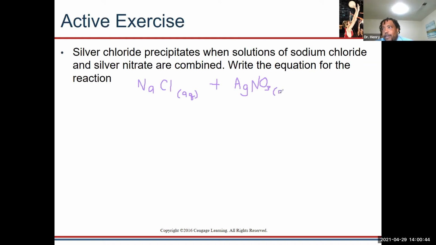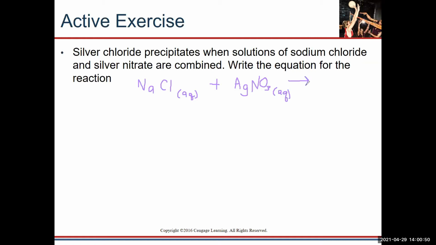Aqueous. And what are we going to make? Yields AgCl, solid, plus NaNO3.